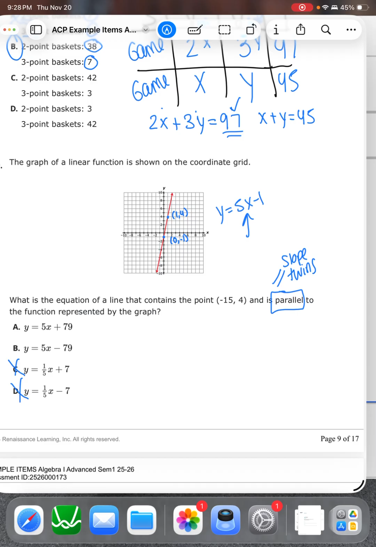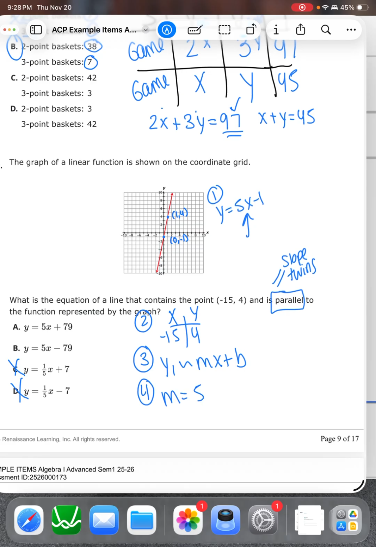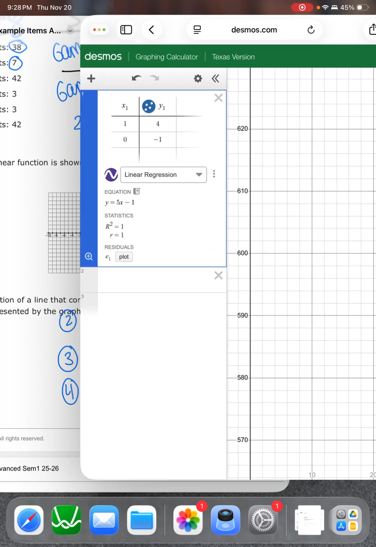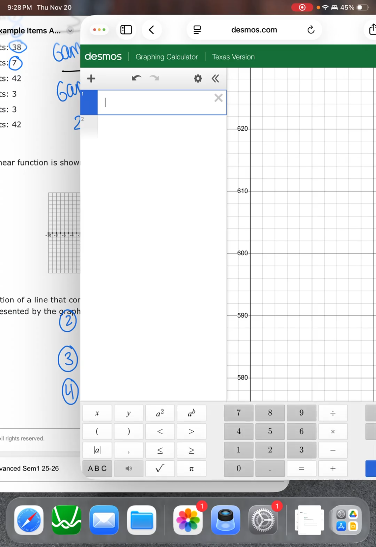Okay, so my last step is then I have to solve, right? So here's my point. I'm going to go ahead and put that in my table. So this is step 1, step 2, step 3 is our equation. And then step 4 is just to enter in my parallel slope. Okay. So let's go ahead and do that.